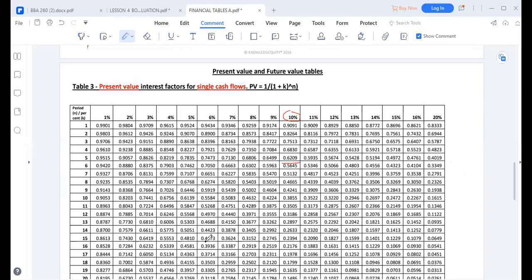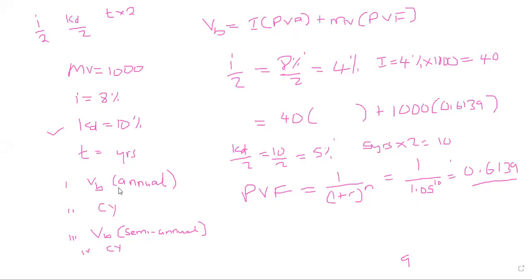It's direct, 0.6139. Then the annuity factor, present value annuity: 1 minus the present value interest factor over the interest rate. 1 minus 0.6139 divided by the 5%, 0.05, is giving me 7.7217.